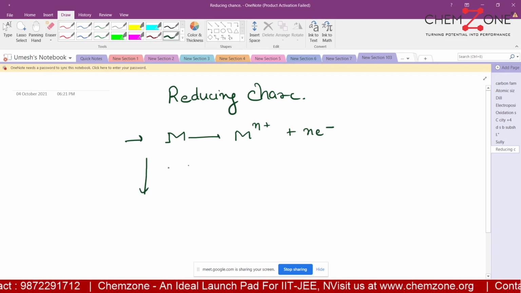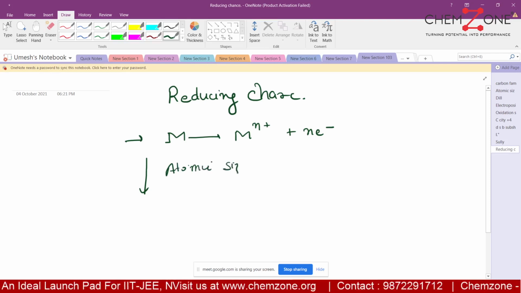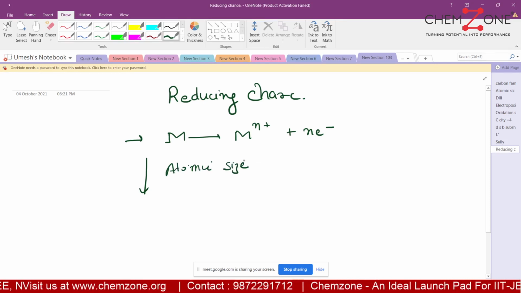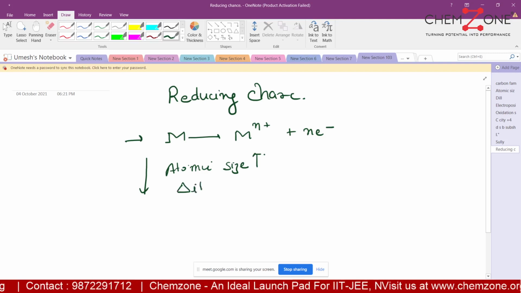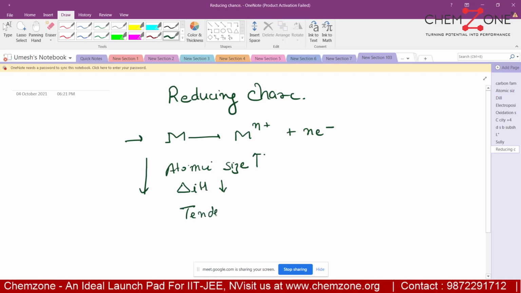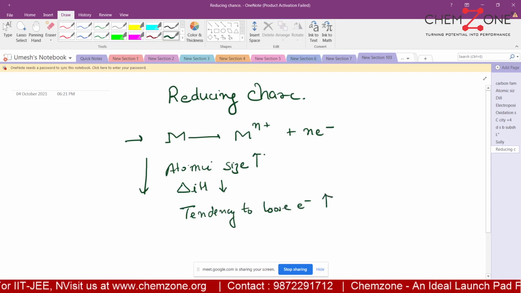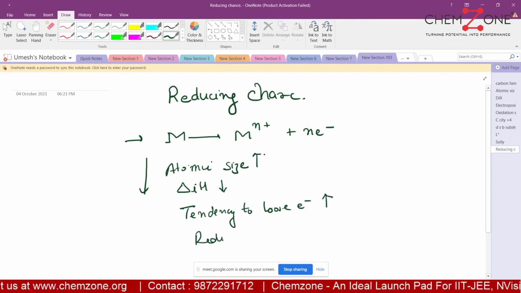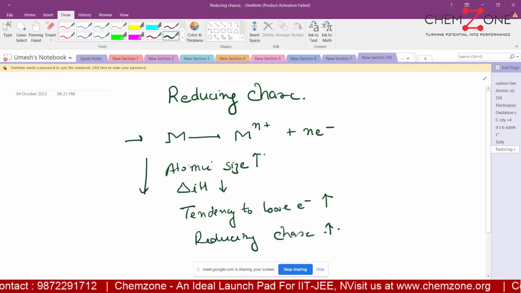As you go down the group in the carbon family, atomic size increases. Ionization enthalpy decreases. So the tendency to lose electrons increases.